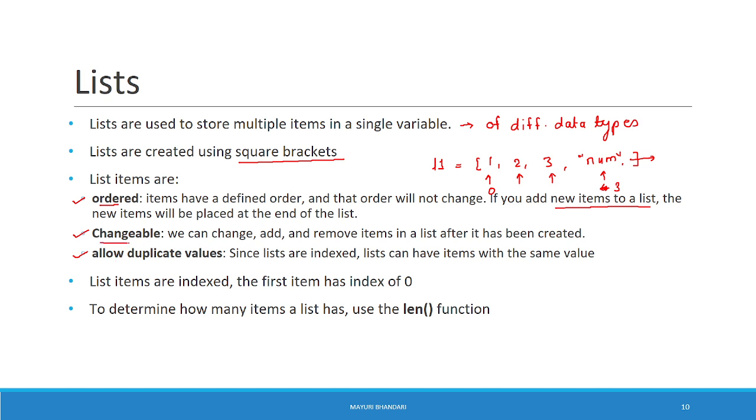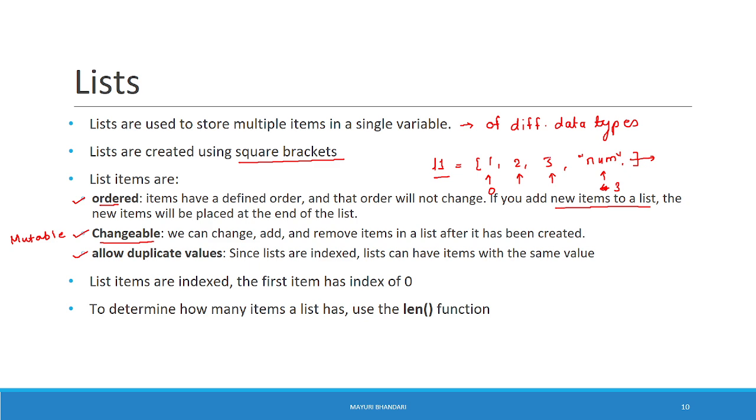Then next is it is changeable. This changeable is also called mutable. Lists are mutable or changeable. That means we can add and remove items in the list after it has been created. एक बार आपने ये list create कर लिया, after creating the list you can add new items to the list, you can delete an item from the list, and you can change an item at a particular location.